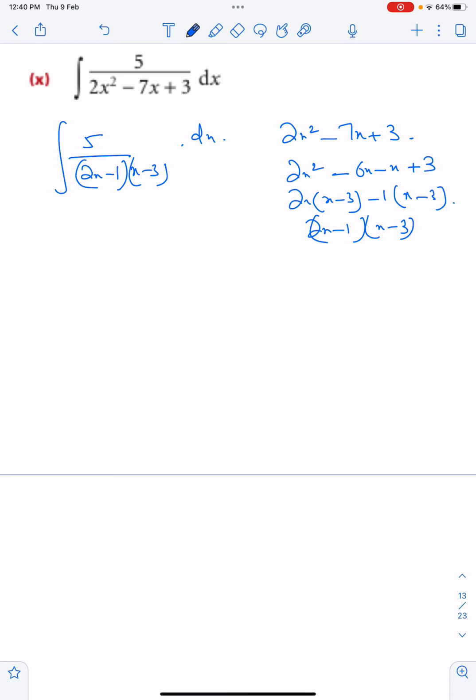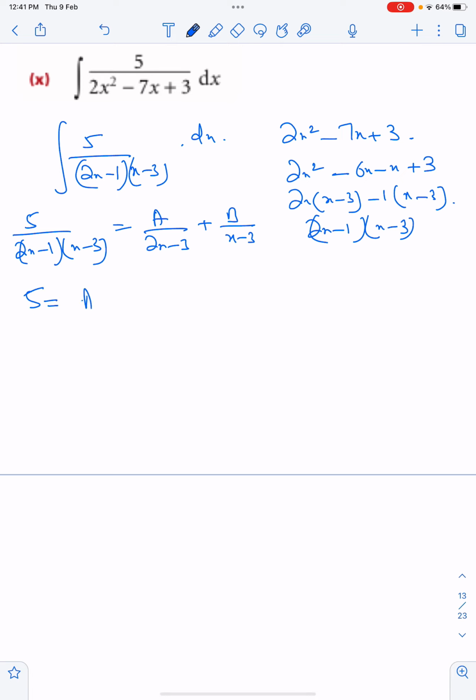In the next step, I can write 5 upon (2x minus 1)(x minus 3) equals a upon 2x minus 1 plus b upon x minus 3. Right now we're just changing into partial fractions.